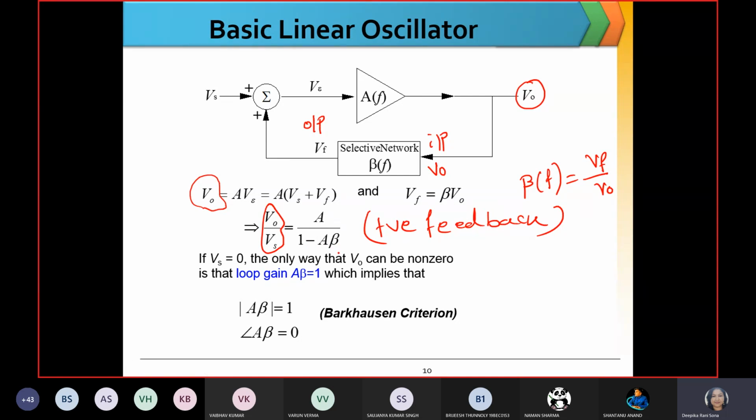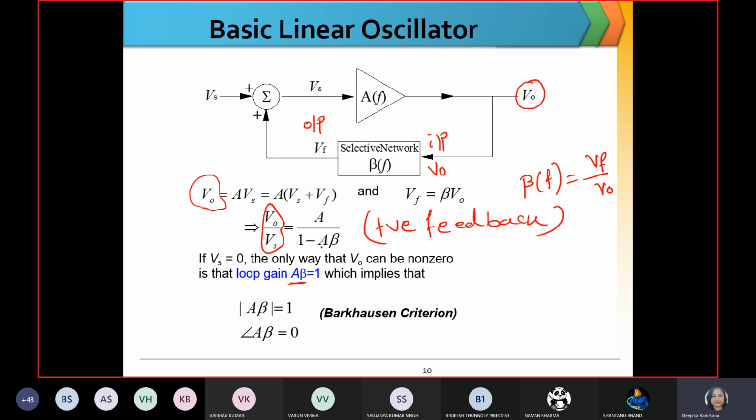So how do we maintain the output voltage without any input? There are two criteria. Suppose here Vs is 0. The only way V0 can be non-zero, if for any reason our supply source is 0, is if the magnitude of A beta is 1.